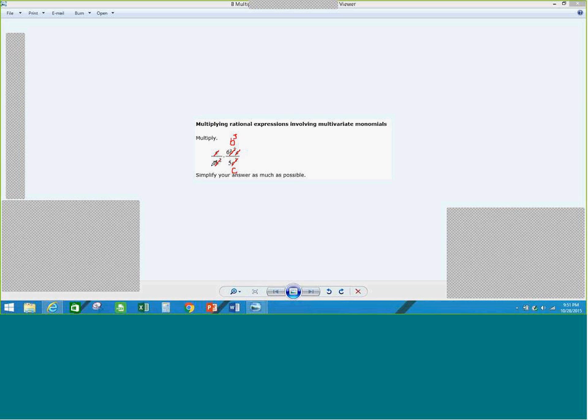If I divide them by 2, 4 divided by 2 leaves us with 2, and 6 divided by 2 leaves us with 3. So it looks to me like we're going to be left with 3b cubed over 2.